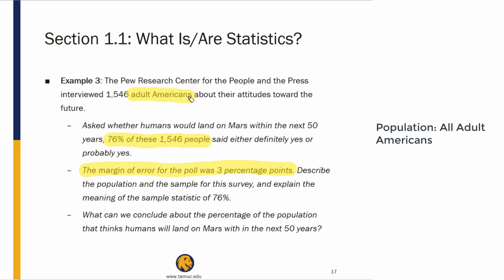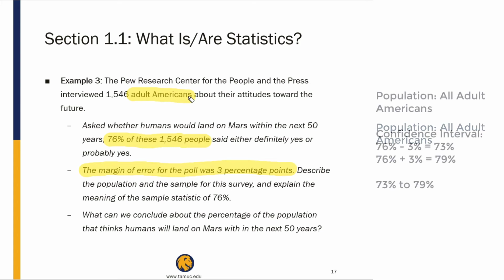And so using the sample statistic of 76% and the margin of error of 3 percentage points, we subtract 3 away from 76, we get 73. We add 3 to 76, and we get 79. And so with 95% confidence, the population parameter should fall between these two numbers.